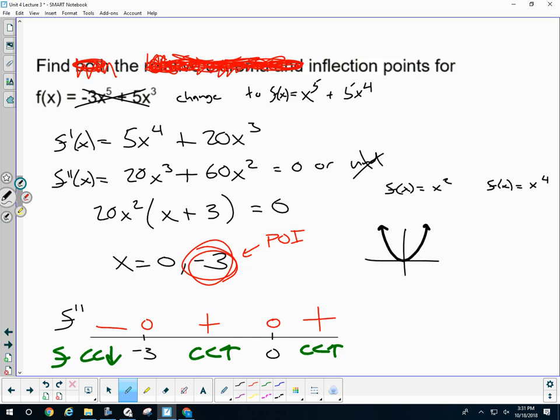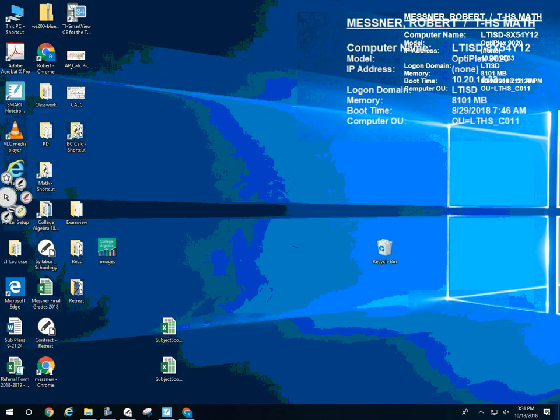Okay, so there's x squared, x to the fourth, and maybe I should actually break out the calculator for this. Break out Wolfram. Actually, I think Wolfram's going to be better.